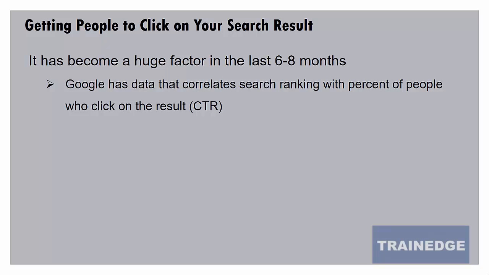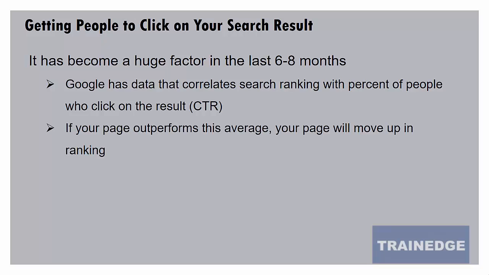So Google has data that tells out of 100 people who search with a keyword, how many should click the first rank search result, how many should click the second rank search result, how many should click the third rank search result, and so on and so forth. If your page outperforms this average, then your page will move up in ranking.